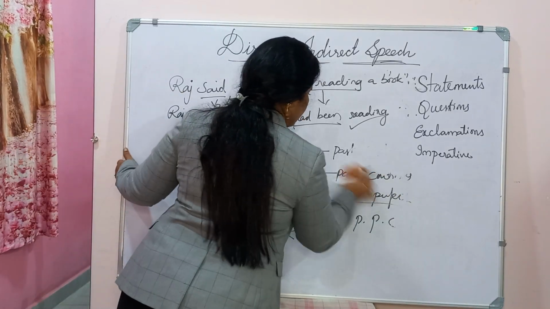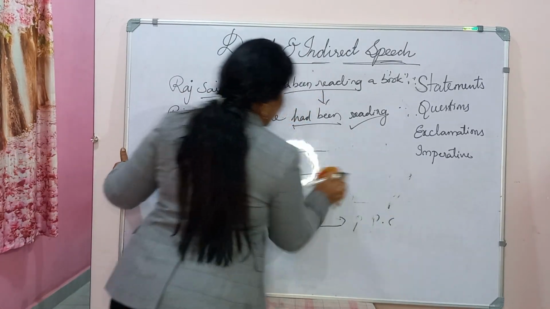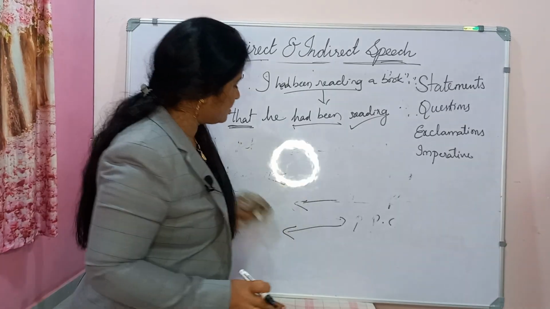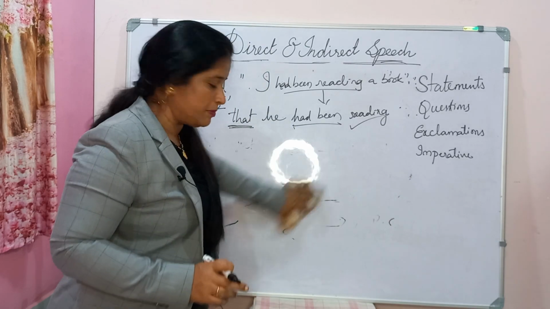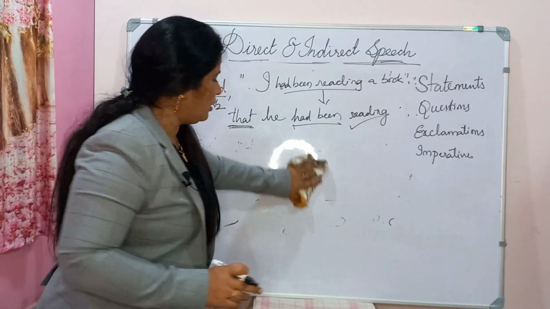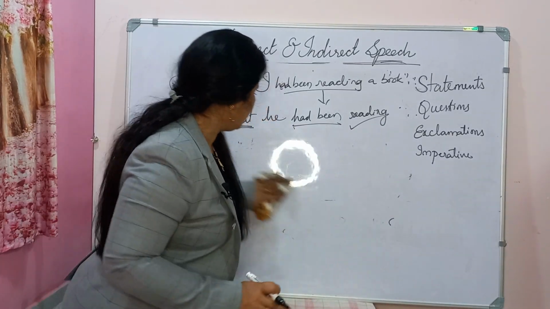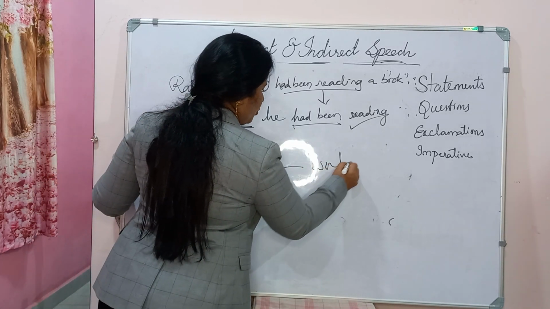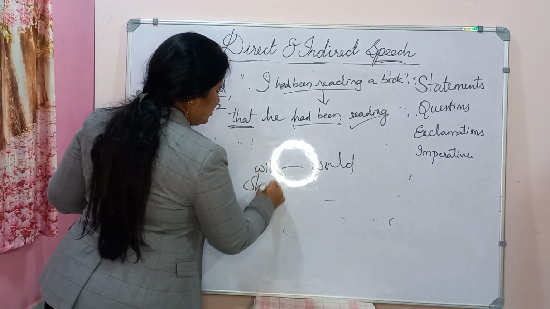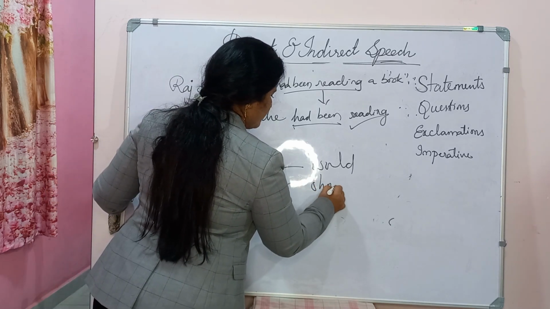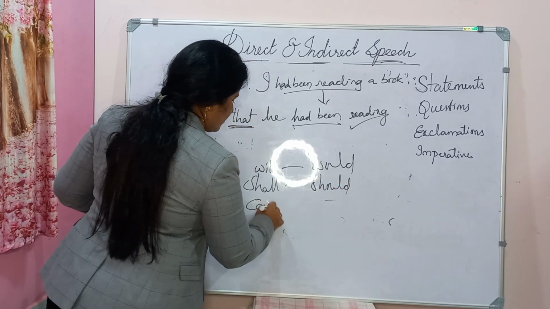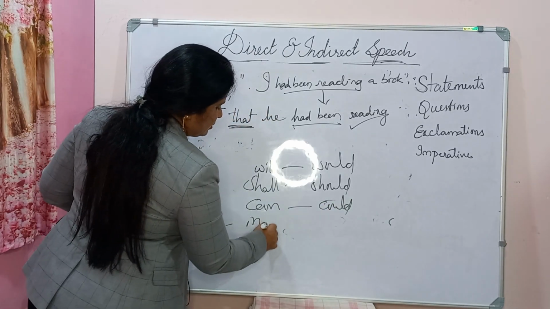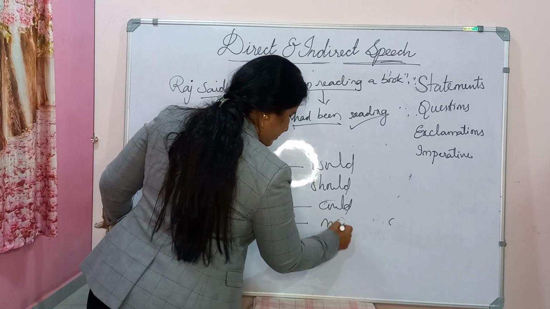Now let us imagine the auxiliary verbs. Recall all the auxiliary verbs we have seen. Did you remember them? Generally, will changes into would, shall into should, can into could, may into might.